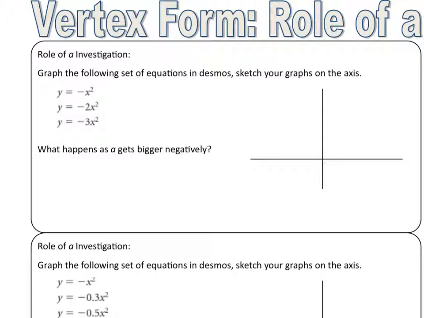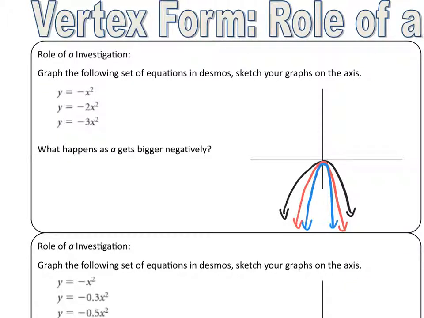So moving over to the second page, you'll notice that in this investigation we have a negative sign in front of our x squared. So if you graphed it, you would have noticed that it did this. And then the -2 graphed like this, same shape, but skinnier. And then the -3x squared did the same thing.